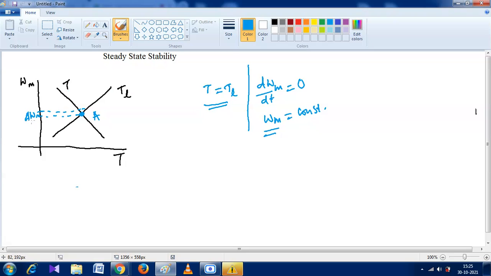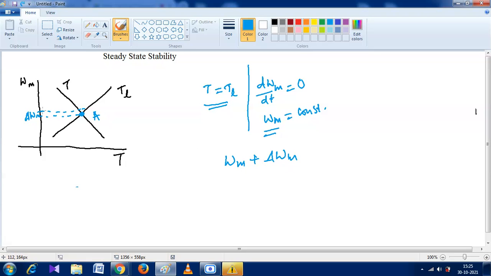Suppose we have increased the speed of the system by delta omega. Now, what is the speed at that time? Omega m plus delta omega m. At that time, the speed is omega m plus delta omega m.